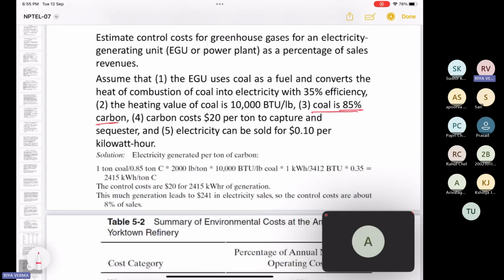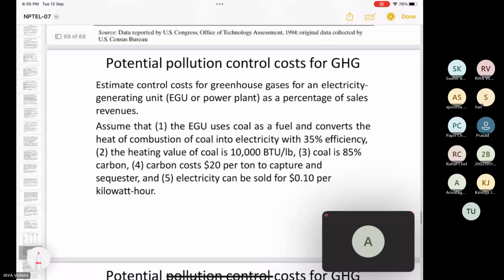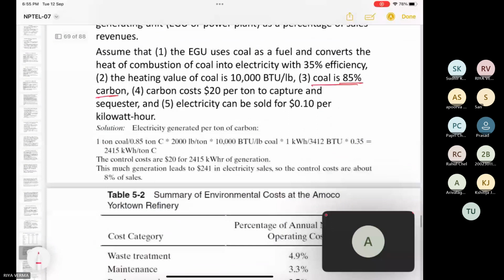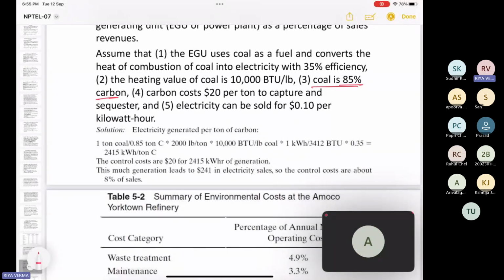We are calculating the values per ton of the coal. So one ton of coal has 85% carbon. To convert this ton into pounds, because we have the heating value in BTU per pound, one ton has 2,000 pounds.